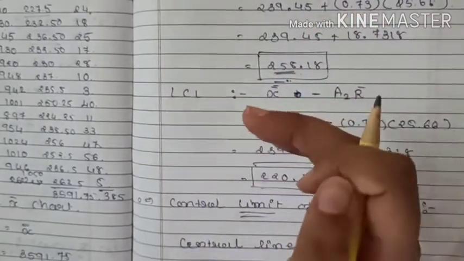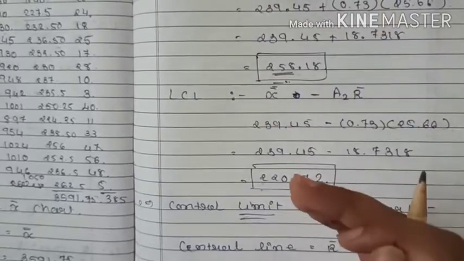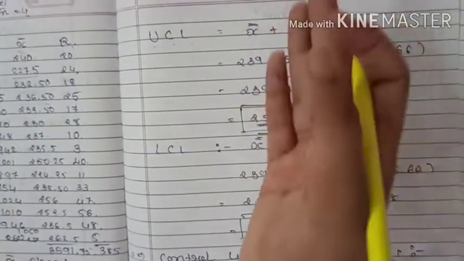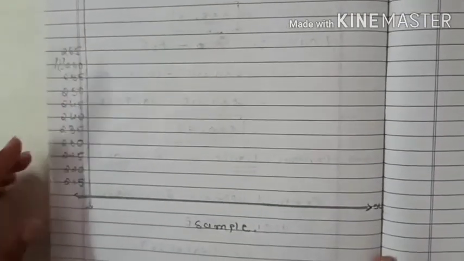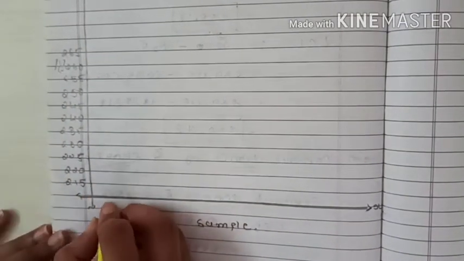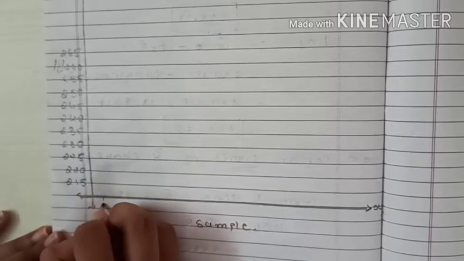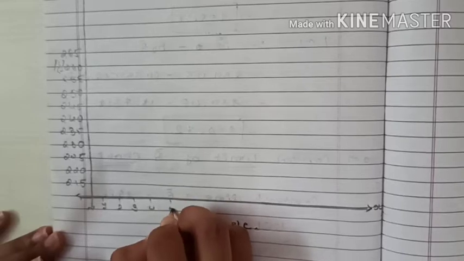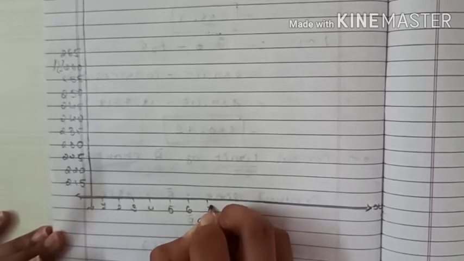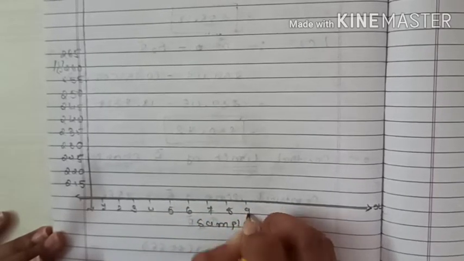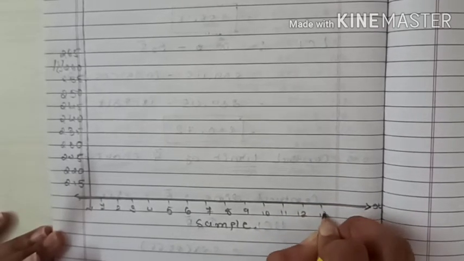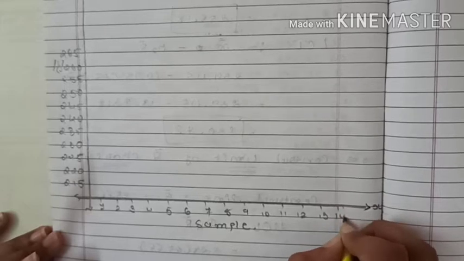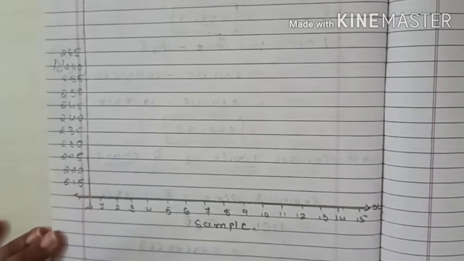And we have to take another extra step just because there will be any point beyond the upper limit, right? So we are taking the samples like this, and we have 15 samples. So 1, 2, 3, 4, 5, right?